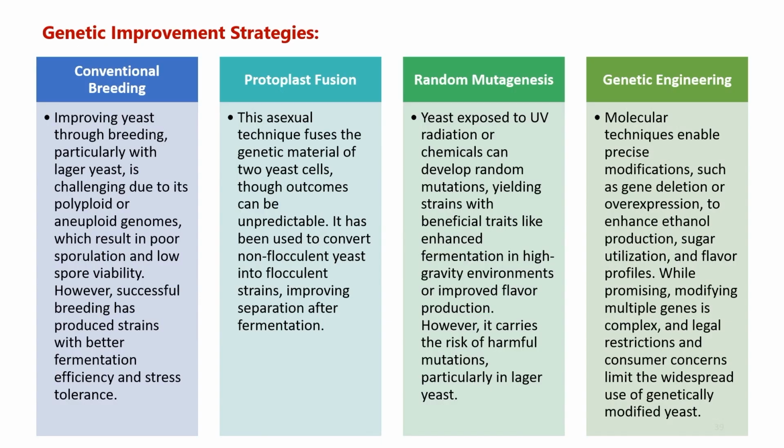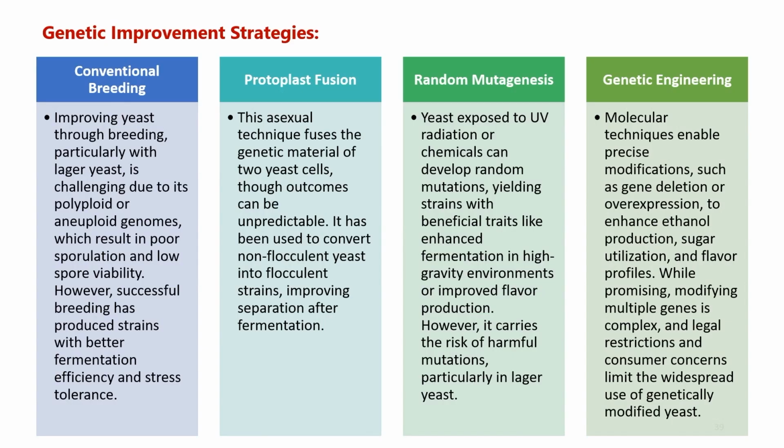Then we have random mutagenesis, where yeasts are exposed to UV radiation or chemicals and can develop random mutations yielding strains with beneficial traits like enhanced fermentation in high gravity environments or improved flavor production. However, it carries the risk of harmful mutations, particularly in lager yeasts.